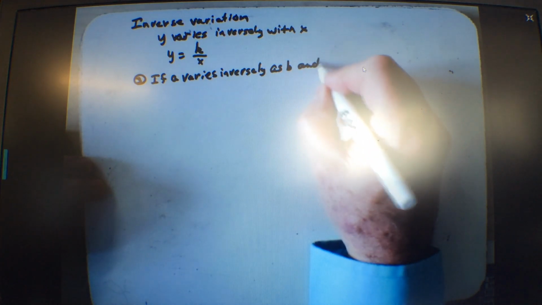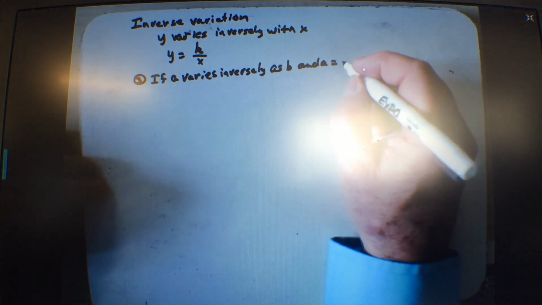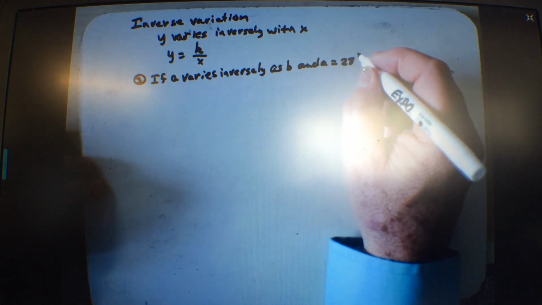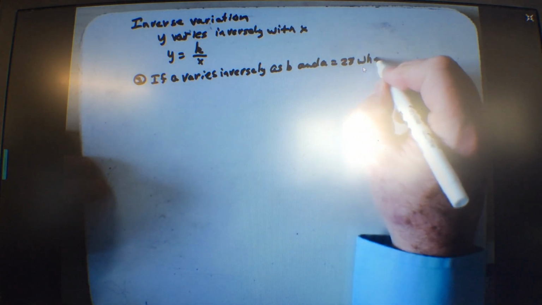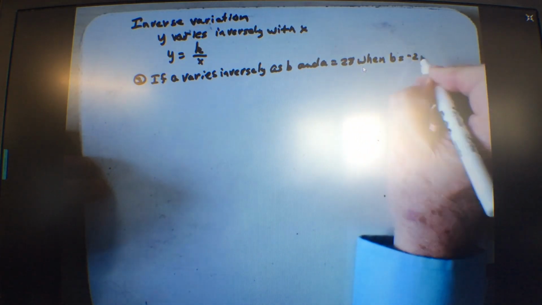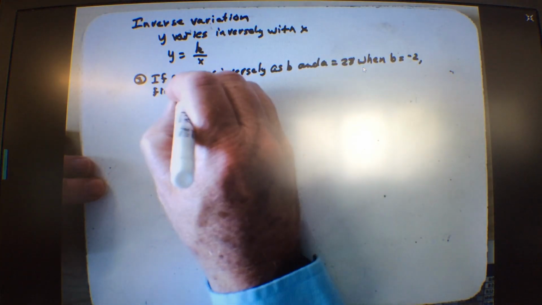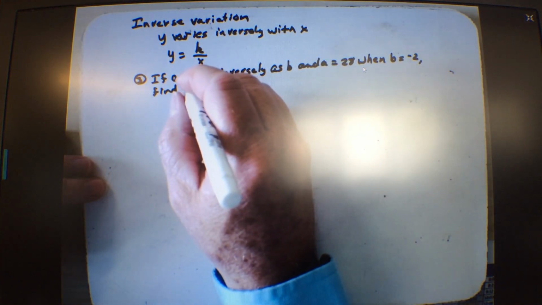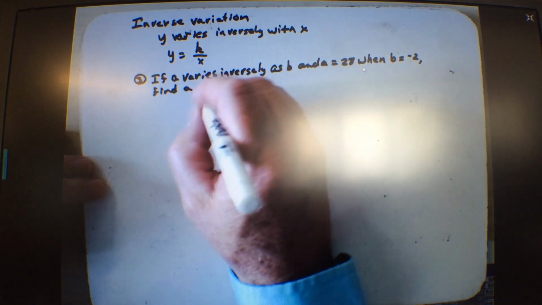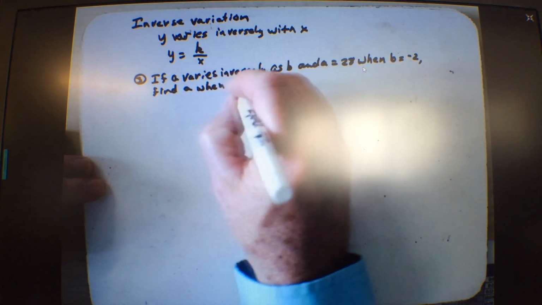And A equals 28 when B equals a negative 2. Find A when B equals a negative 10.